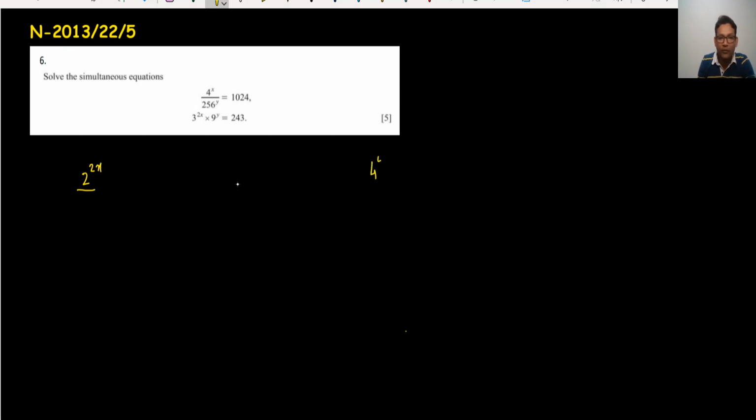So 4 power 4 is 256. And I want to check 1024, 4 power 5. Yes, 4 power 5 is 1024. Okay, then I think it's better to keep it in powers of 4. 4 power x, 4 power 4, and 4 power 5.